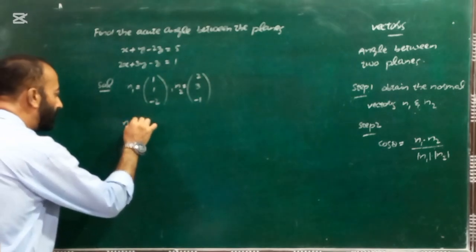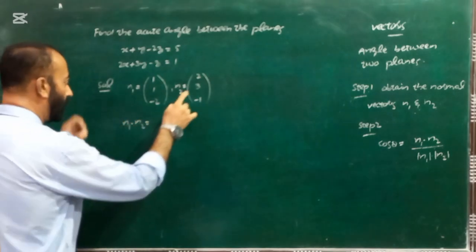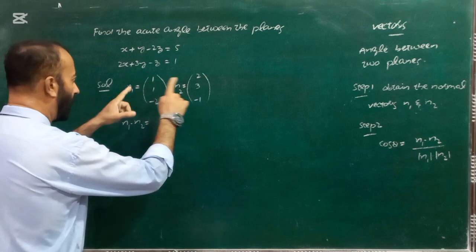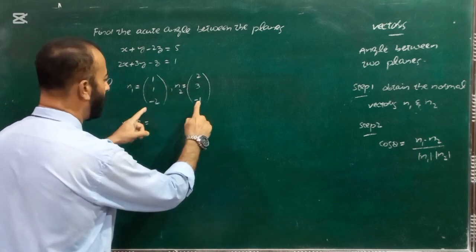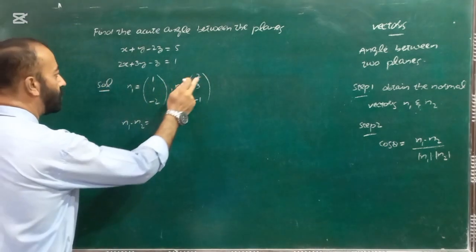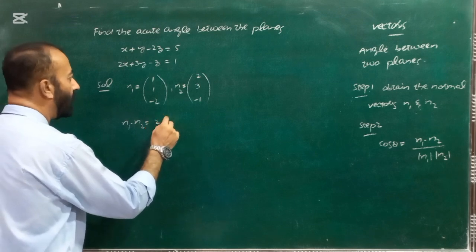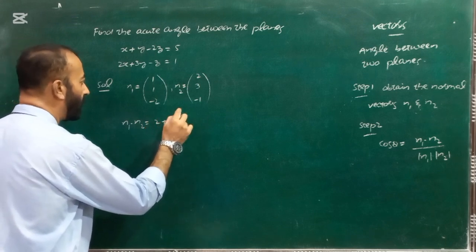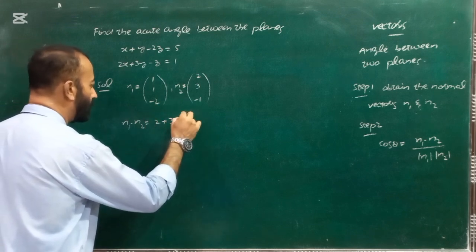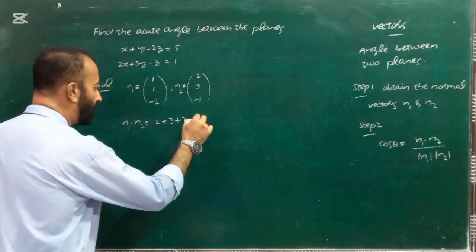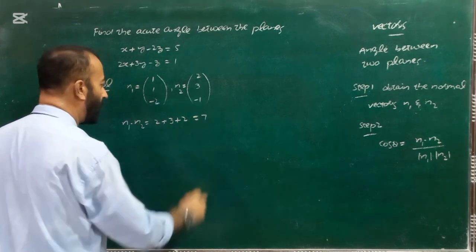Now we will find n1 dot n2. The respective i component, j component and k component are multiplied. So 2 ones are 2, plus 3, and plus 2. That is equal to 5 plus 2, which is 7.